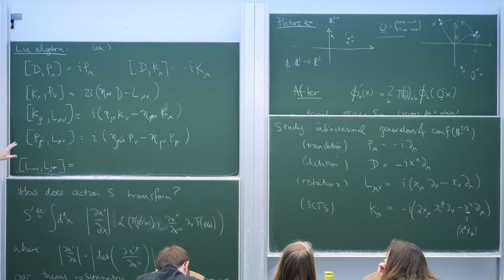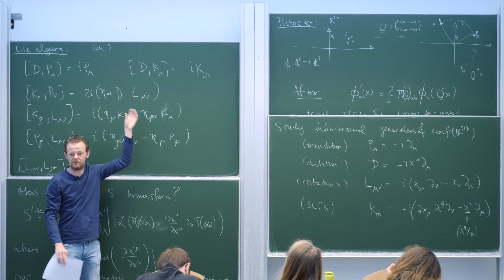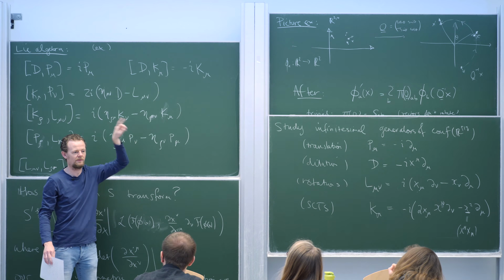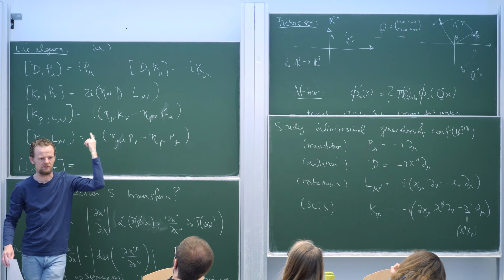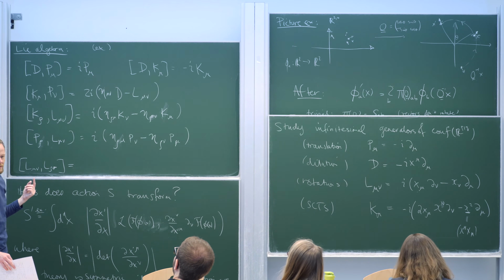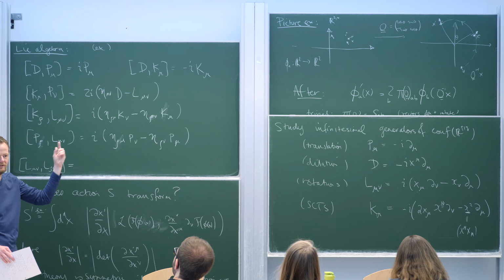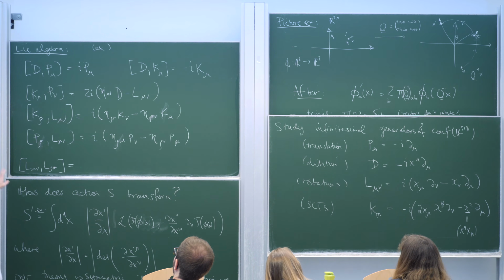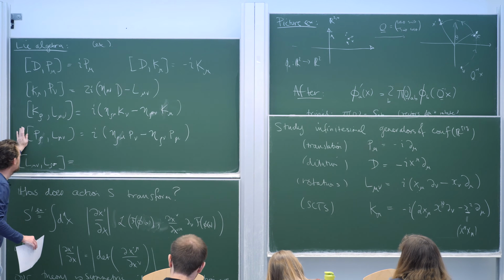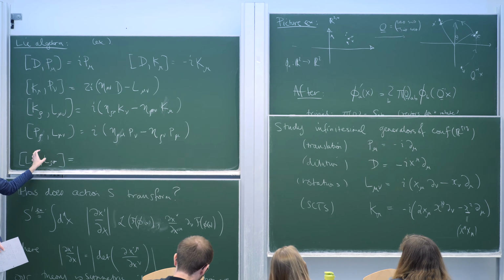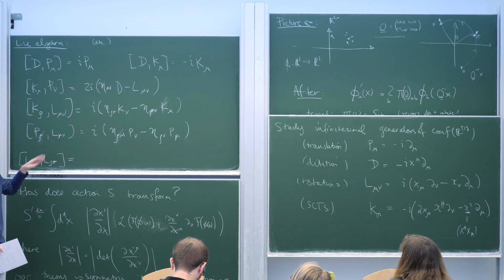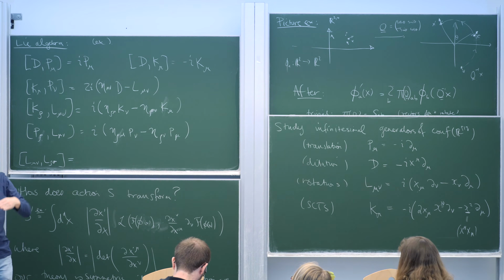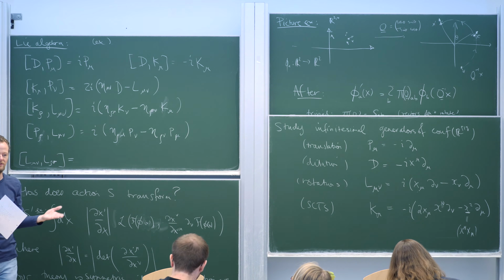If you know that a special conformal transformation is basically a translation, but where you've inverted through the origin twice, then you know that it would have to be some kind of special conformal transformation after a boost or a rotation. So here, boosts and boosts, it's going to be complicated because of Thomas precession. If you boost once in one axis, then boost along another axis, that's equivalent to a boost and a rotation.